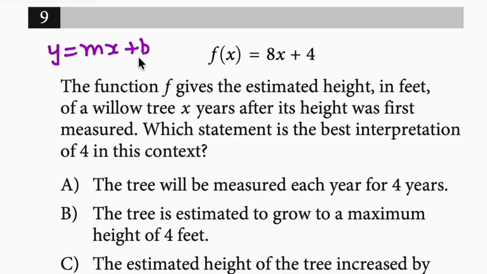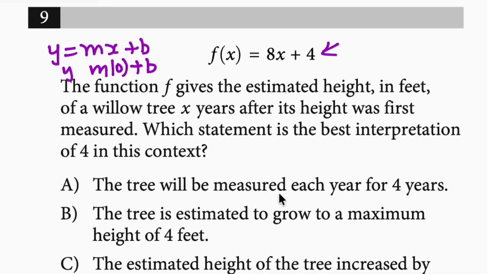So this b is the initial value. That means when you have not started any observation yet, and that is the very initial thing. That means if x is the years, so when years are 0, that means in the beginning, what is that b is? So here that b is 4, right?